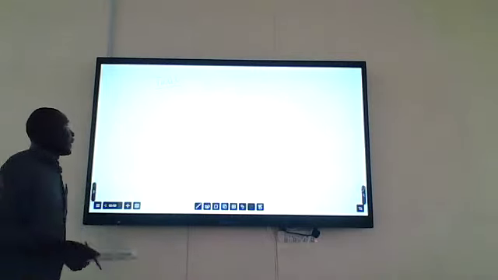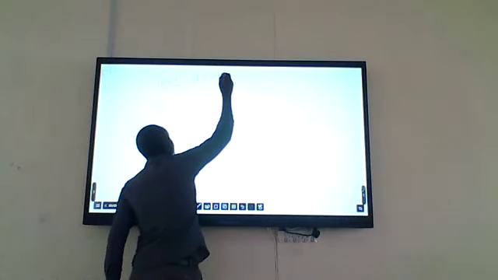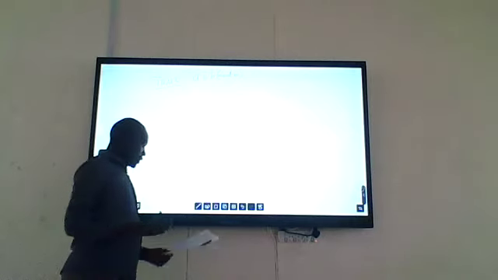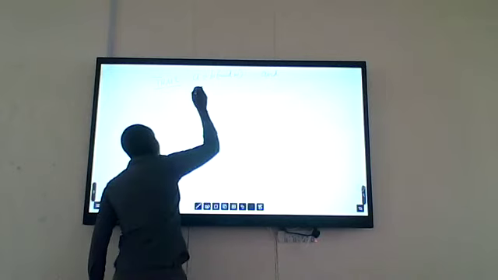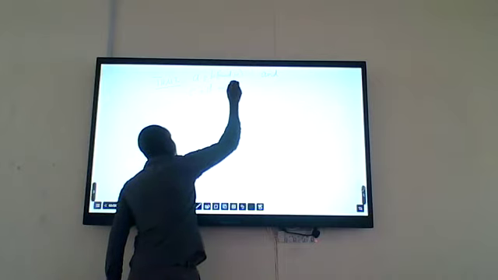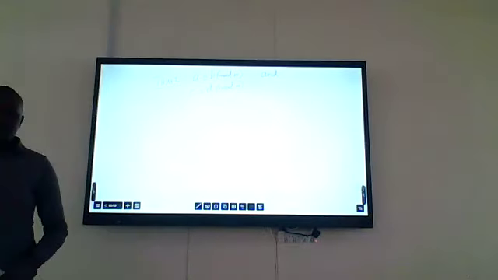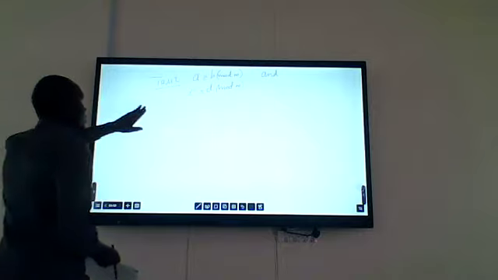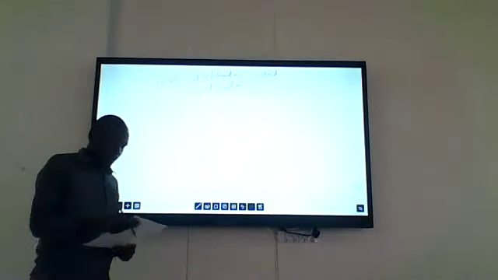Let A be congruent to B mod M, and C be congruent to D mod M. So you have these two congruence modulo relations. A congruent to B mod M, C congruent to D mod M.